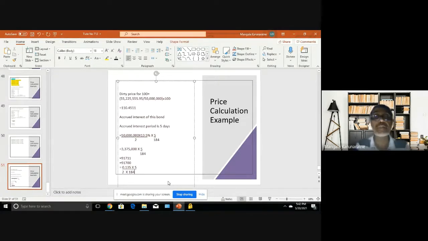So this way you will get an answer. We'll just take the answer: 0.135 into 5 divided by 2 divided by 184.